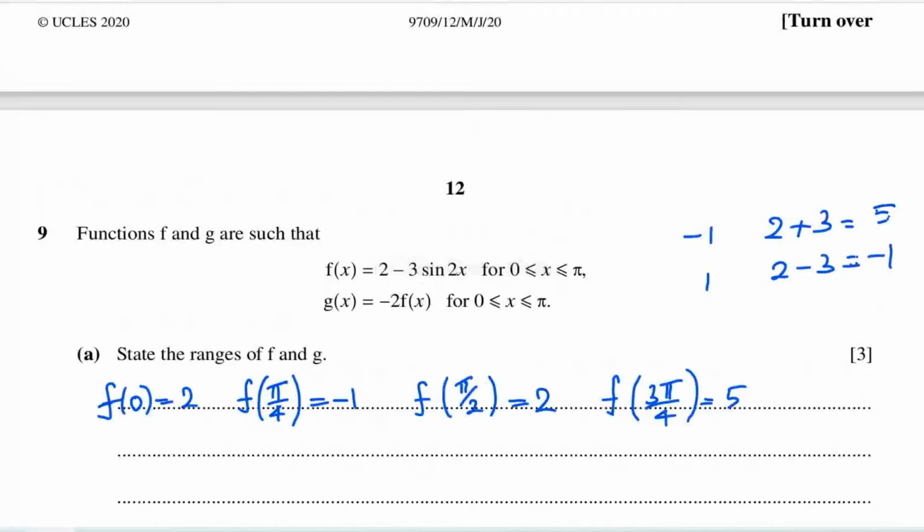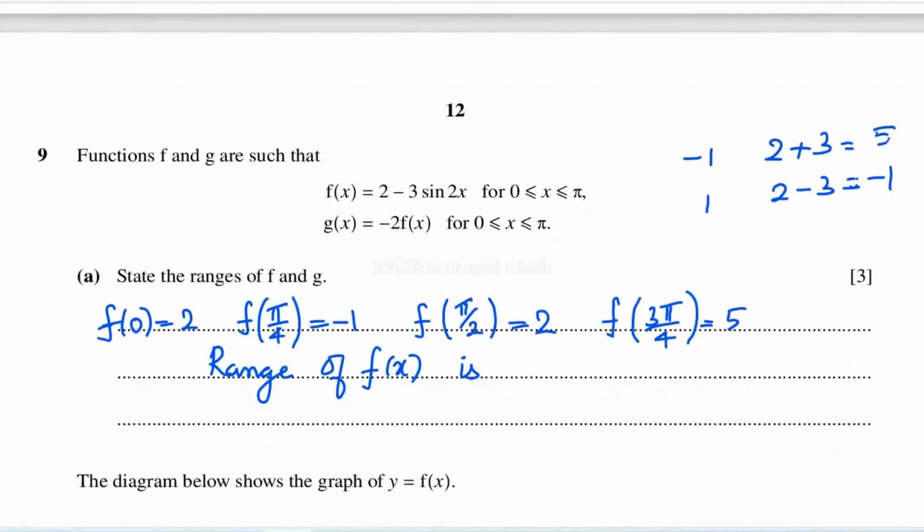The range of f of x is -1 to 5. So what is the range of g of x? Which is -2 multiplied by f of x. That means -10 to 2.